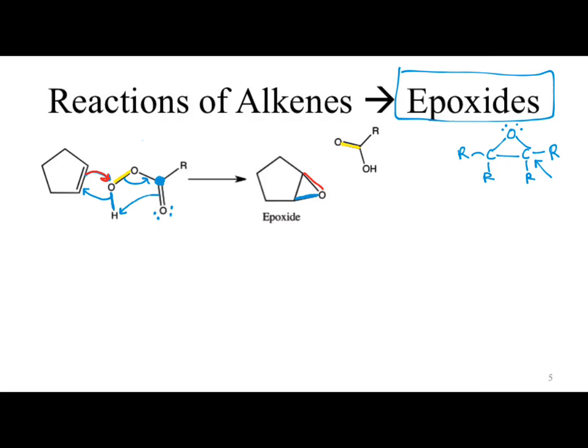Okay. So that was this bond in electrons. What color do I need? Let's go orange. Where does this bond and the electrons go? To that hydrogen.